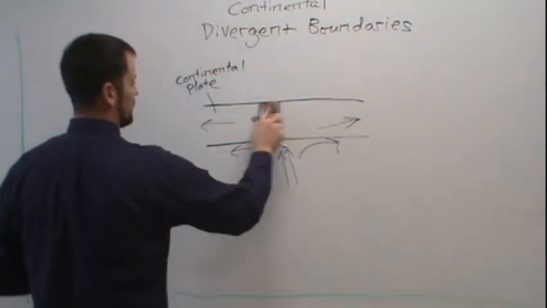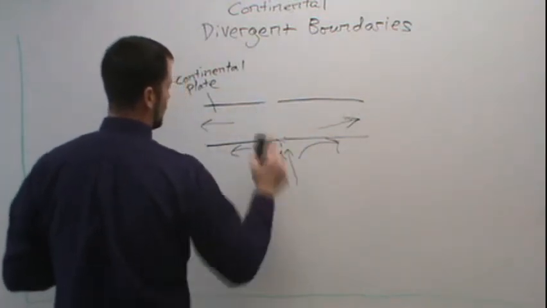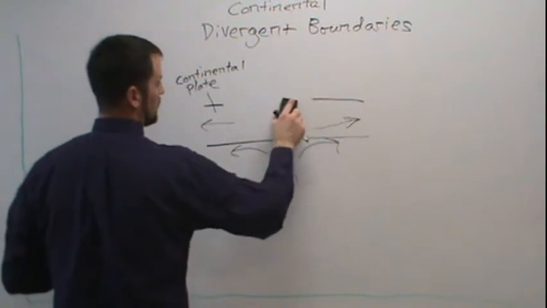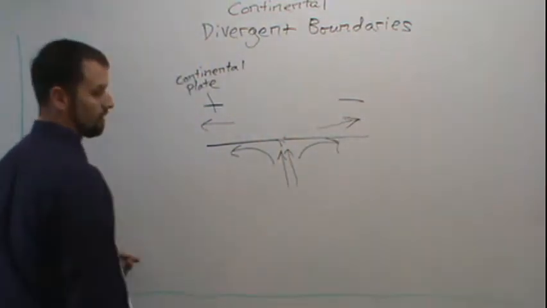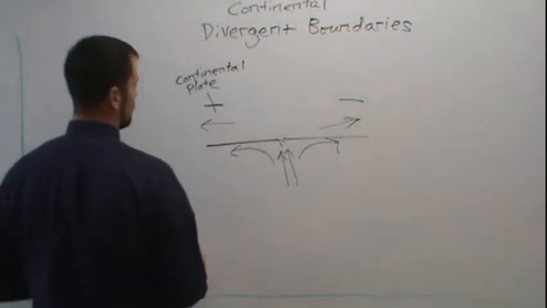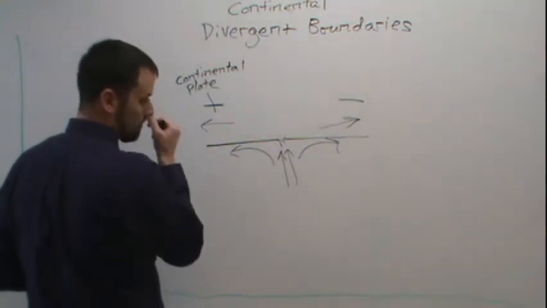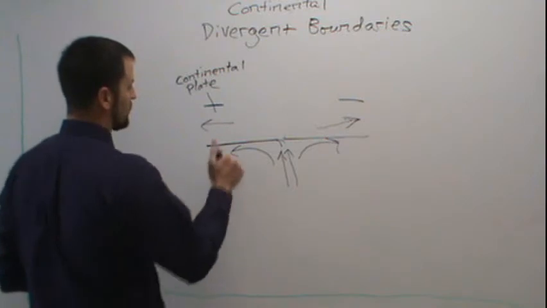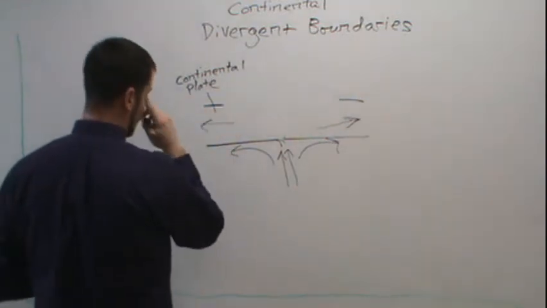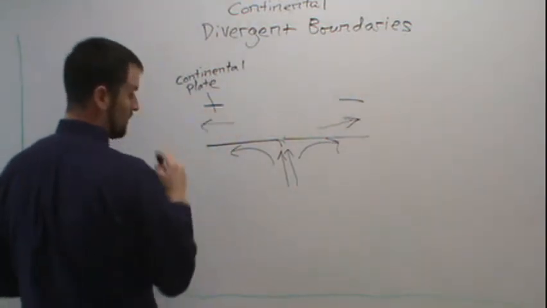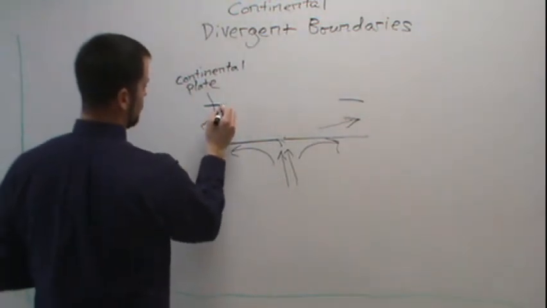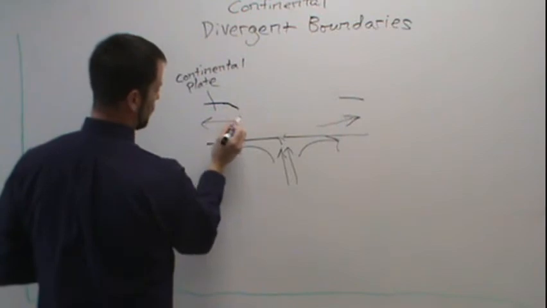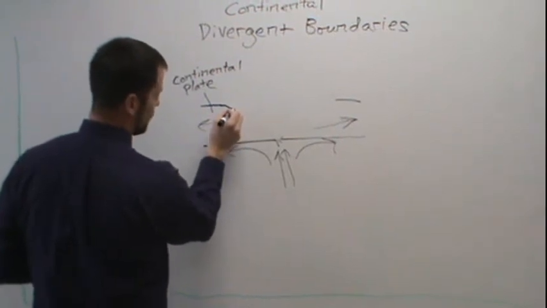On average, about 5 centimeters a year. Sometimes it's been known during big tectonic events to move 8 feet in a single event. I believe there was one time that after a major earthquake, they noticed that there was a 15-foot movement, which is very rare, but it just tells you how powerful this tectonic force is.